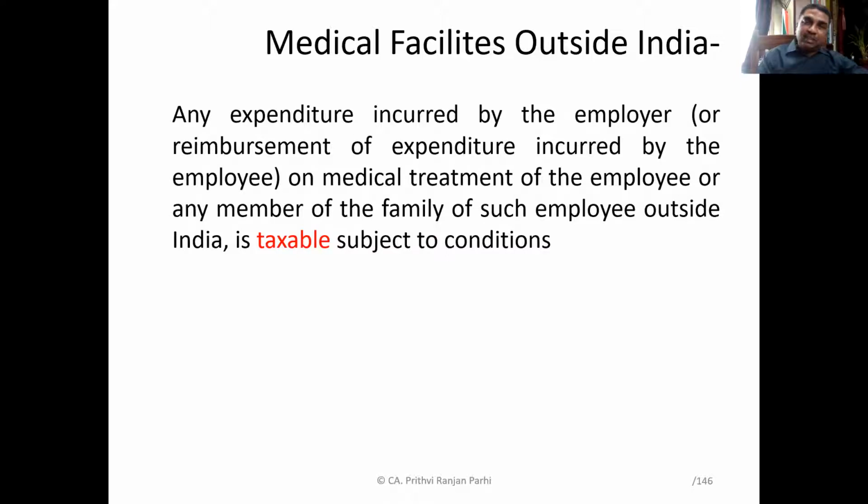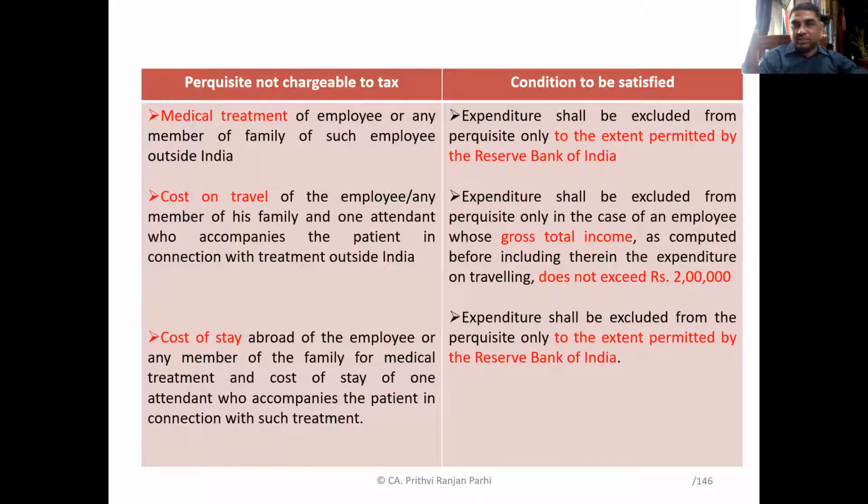And coming to medical facilities outside India, what we saw in this chart, we have seen it is taxable, but subject to certain conditions. If the facility is provided for medical treatment, then to the extent it is permitted by the Reserve Bank of India, it is allowed. Allowed means it is exempt. Cost of travel is exempt provided the gross total income does not exceed rupees 2 lakh.